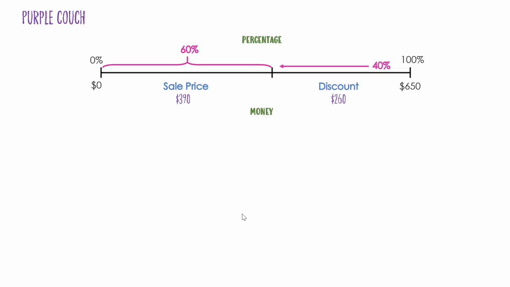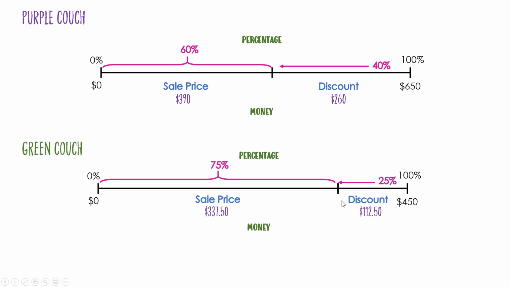Okay, so here is the information that we came up with for the purple couch. I've added our sale price of $390 and our discount of $260. And then here is the information that we came up with for the green couch. Again, I've added our sale price here of $337.50 and our discount of $112.50.